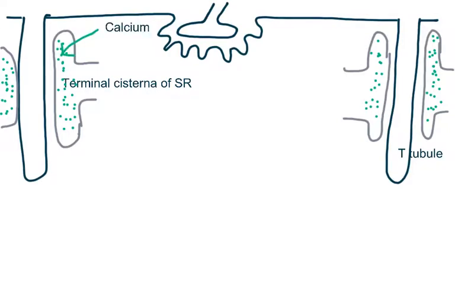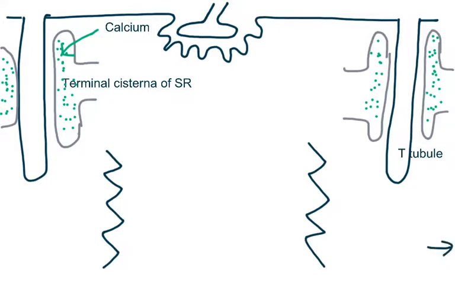Okay. Now we're going to draw sarcomeres. So here I'm going to draw a Z disc. And here's another Z disc. And over here to the right, there'd be another Z disc. Over here to the left, there'd be yet another Z disc. And between these, I'm just going to draw this all in black.